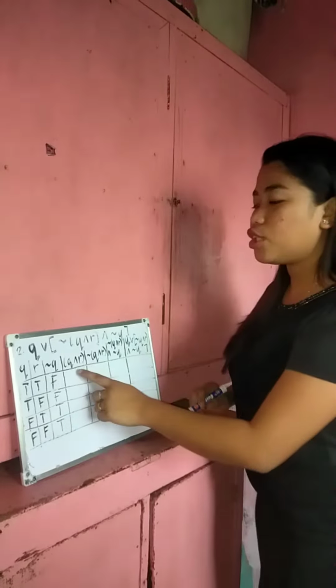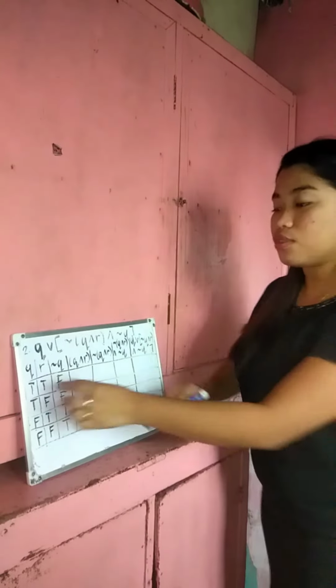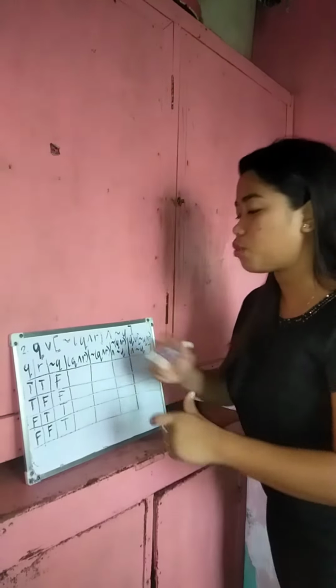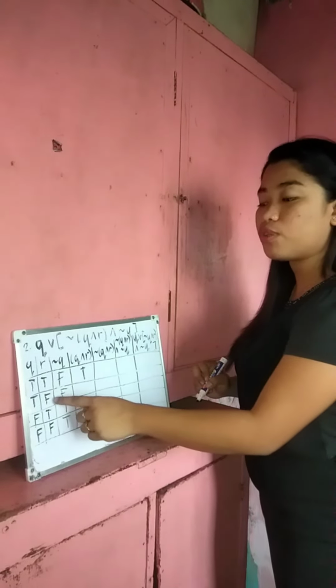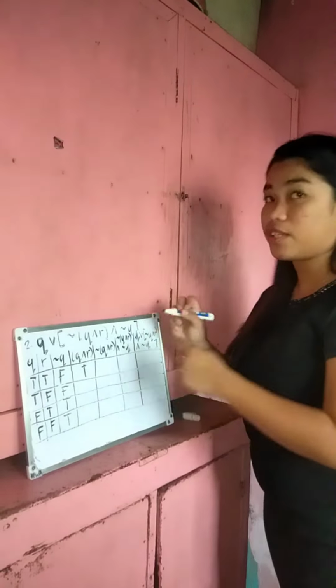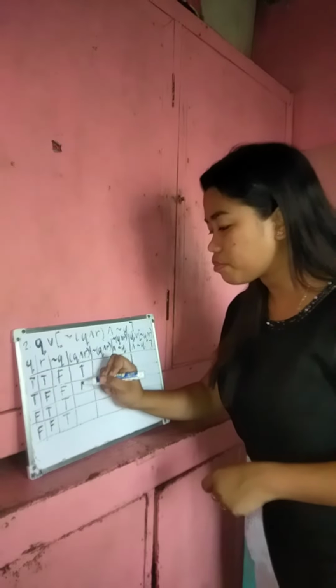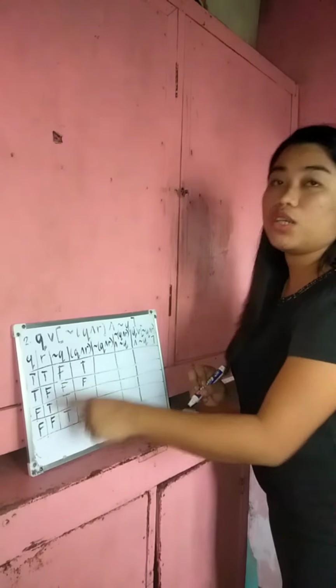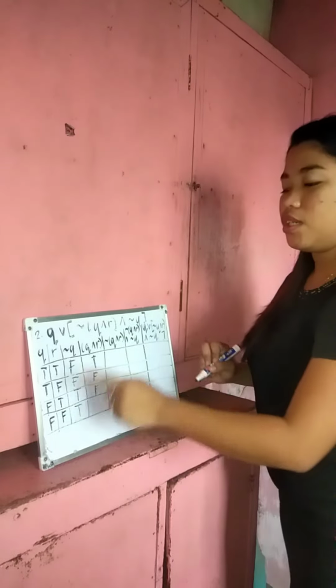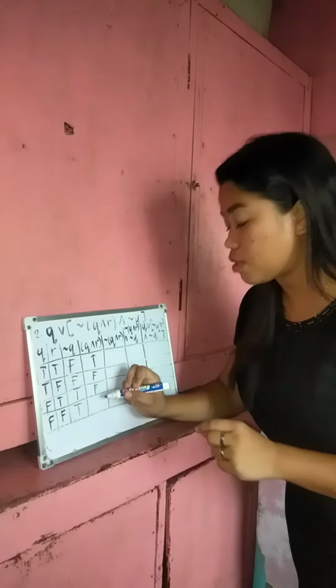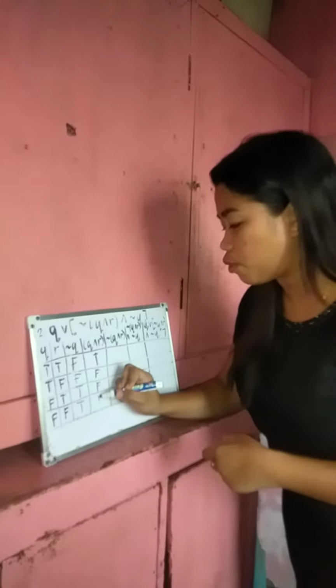Okay? And for Q and R, this one is true and true, so it would be true. Since this is true and false, one statement is false, so the entire statement will be false. This one statement is false, so automatically it would be false. And two statements are false, so this would be false.